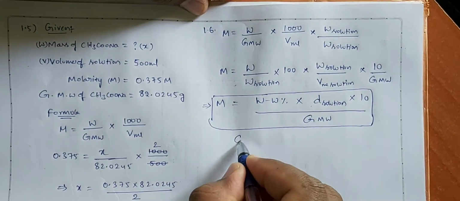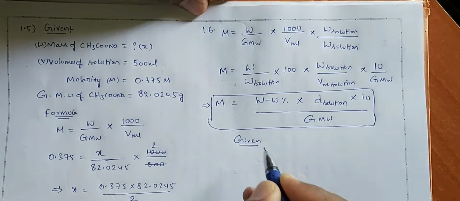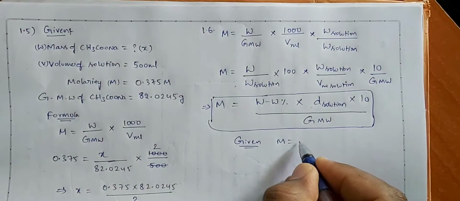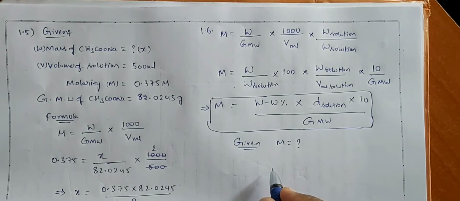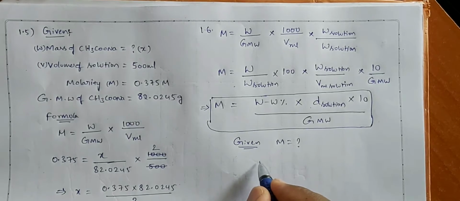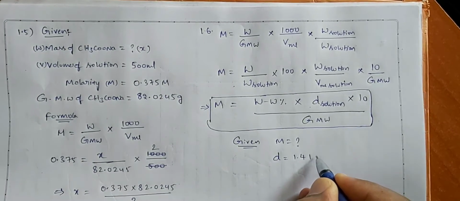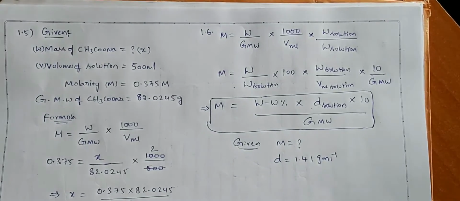Okay, now the given data in 1.6. We have to find molarity, M is equal to question mark. Next, density of solution D is equal to 1.41 gram per milliliter.